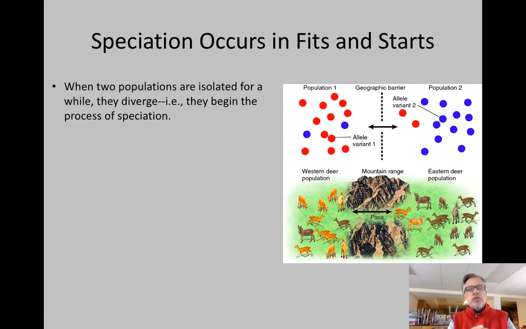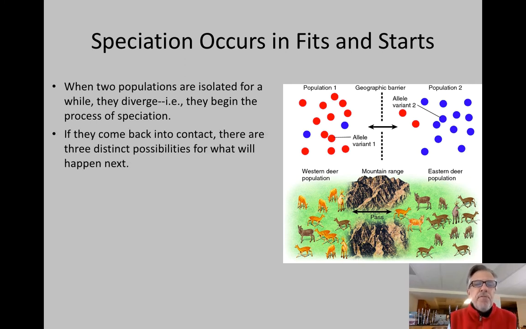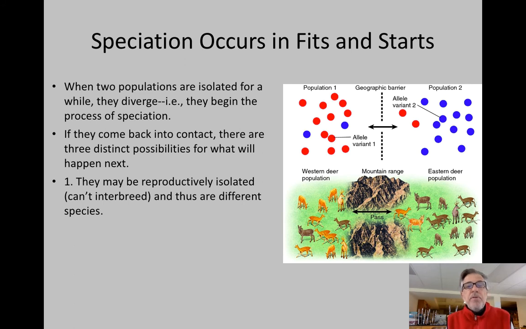When two populations become isolated, they diverge, which means they begin the process of speciation. If they come back into contact at a later point, there are three distinct possibilities of what will happen next. One, they may be reproductively isolated. They can't interbreed for any of a number of reasons, and thus we would call them different species.